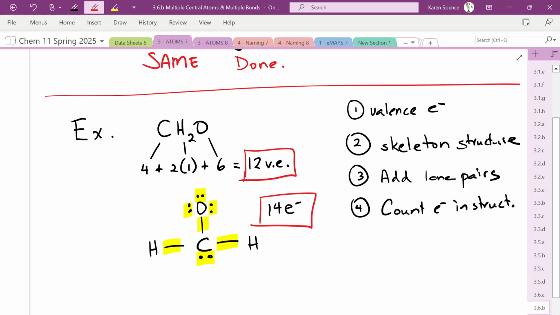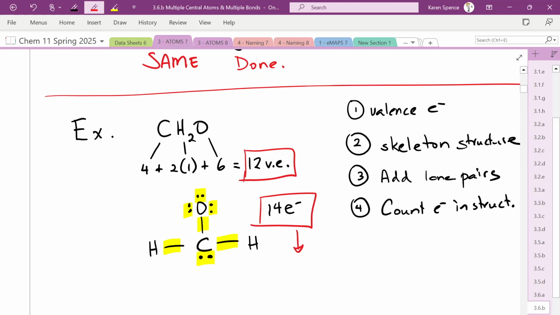So flip to the page that's beside this one. This is easy to see from far away. Okay, and then you're going to go to how to draw Lewis structures, 8-step method. We are now on step 4, and we have too many electrons, yes?